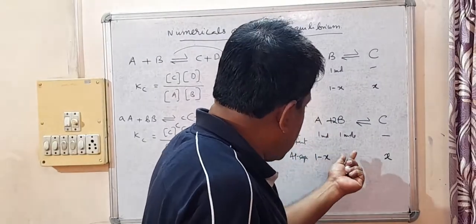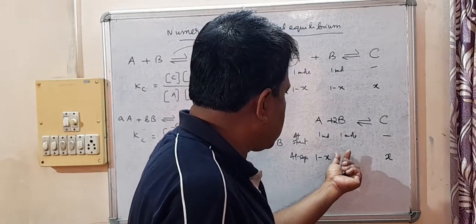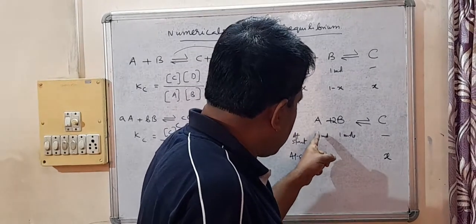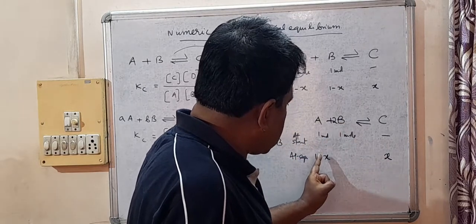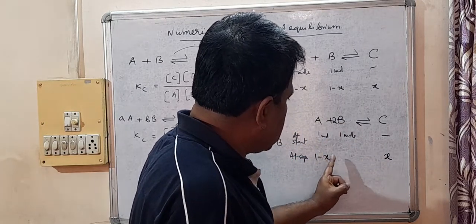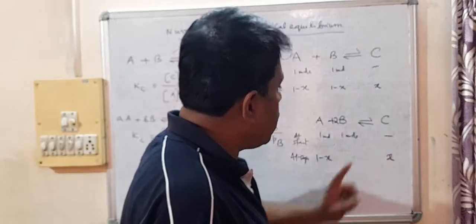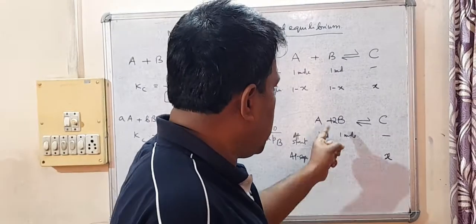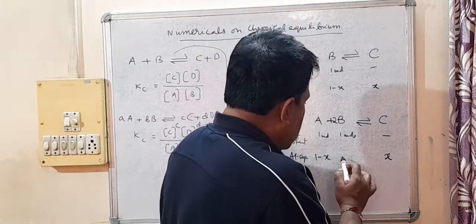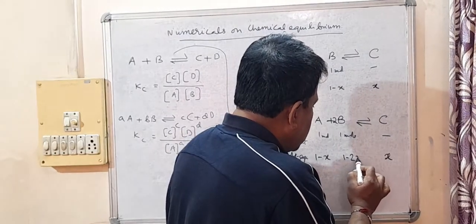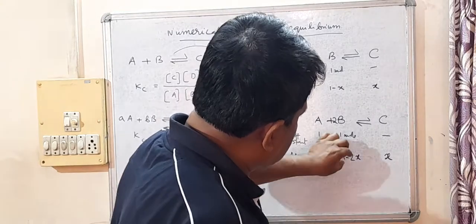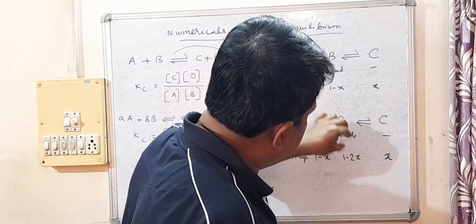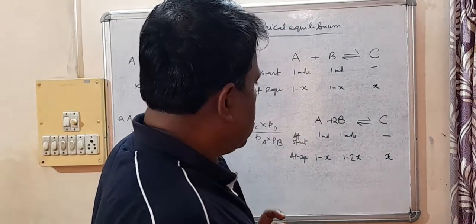And what will be the amount of B left? Here you see 1 mole of A reacts with 2 moles of B, so if x mole of A has reacted, 2x of B will react. So 1 minus 2x will be the moles of B at equilibrium.